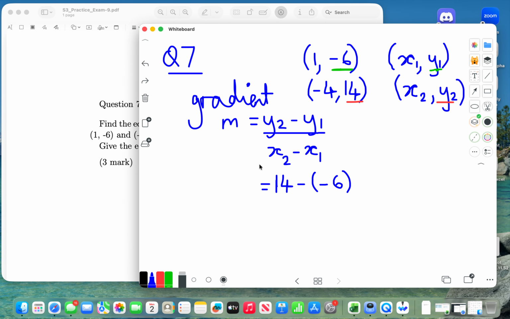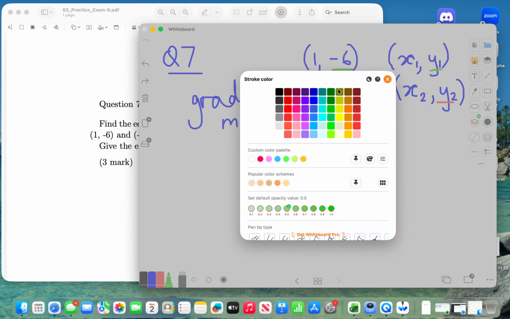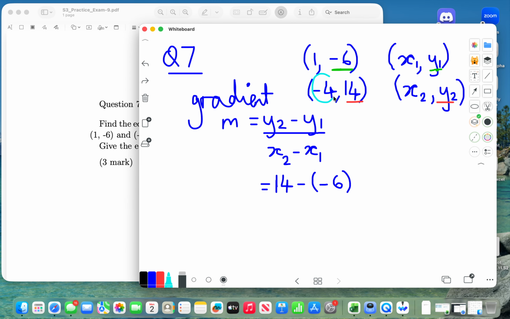And we see x2. I'm going to do this one in a light blue. So x2 is minus 4. And x1 is 1. That's 20 divided by minus 5, which gives us minus 4.